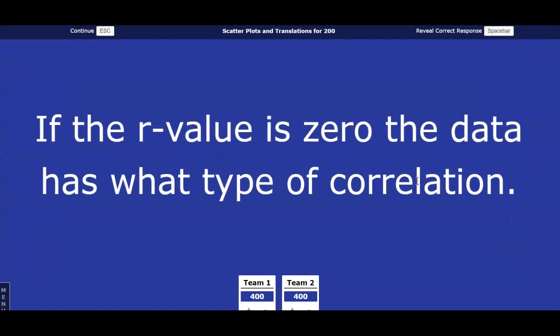If the R value is 0, the data has what type of correlation? If the R value of a scatter plot is 0, what type of correlation is that? An R value can be between -1 and 1. So an R value of 0 means what?